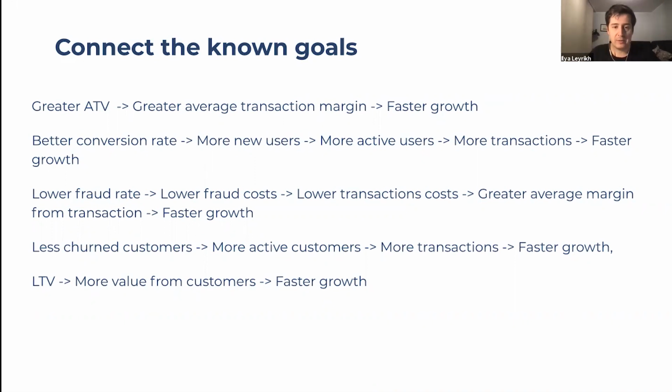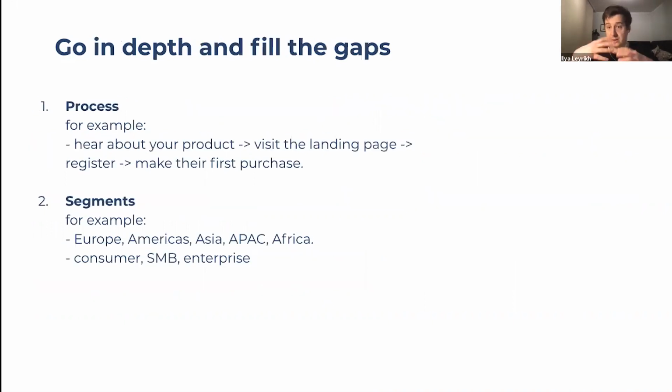So when you have done this, you will see this kind of initial tree-like structure with the most important key metric in the root, the large ones on the second layer, and going deeper to more sensitive ones.